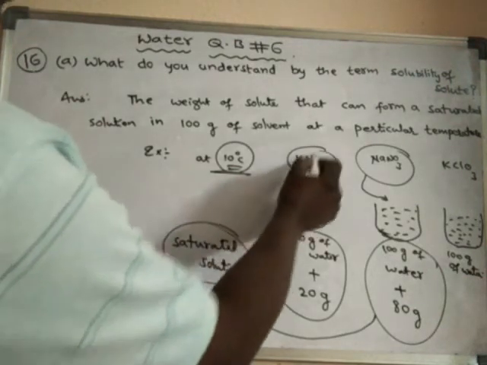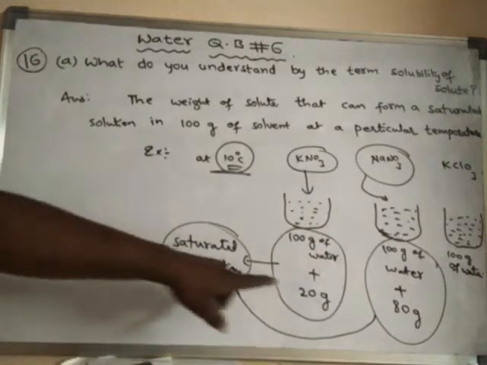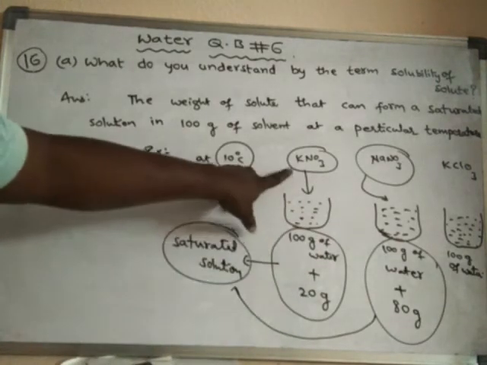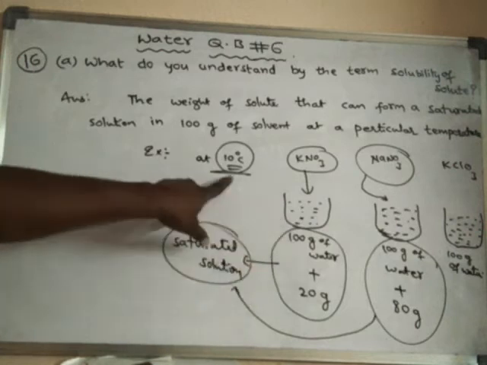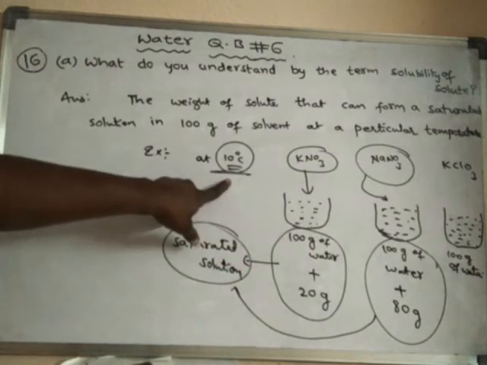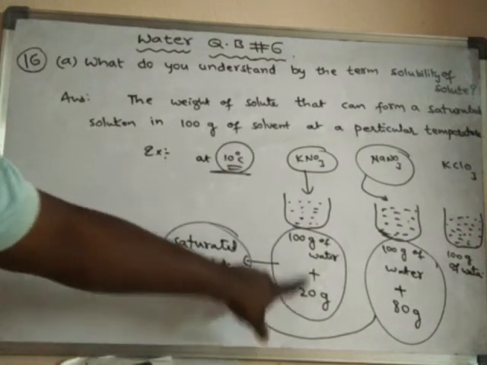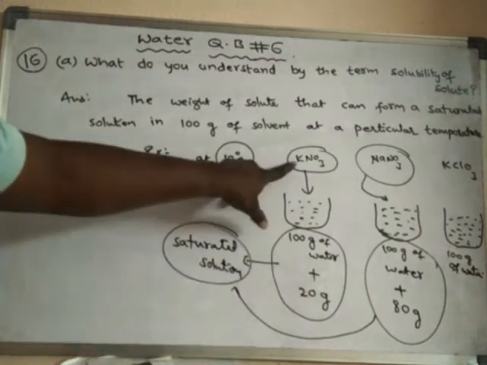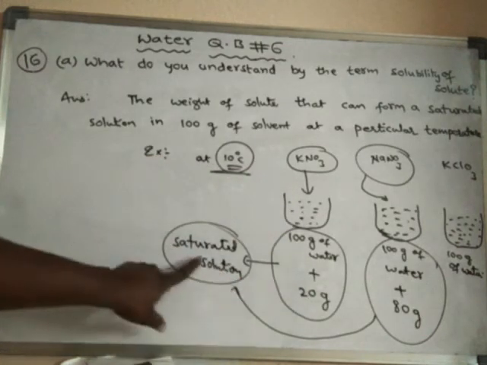So 20 grams of potassium nitrate is able to form a saturated solution in 100 grams of water at 10 degrees centigrade.